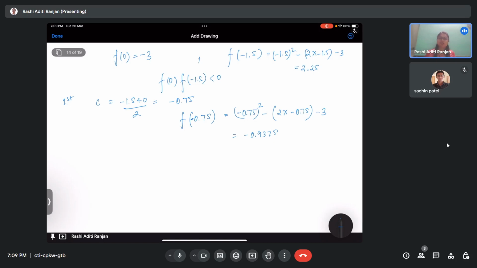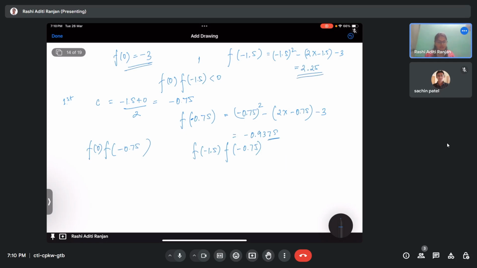Okay, so which condition is holding true? One condition should be f at 0 into f at minus 0.9375, and the other condition is f at minus 1.5. See, f at 0 is negative and f at minus 1.5 is positive, and f at minus 0.75 is also negative.